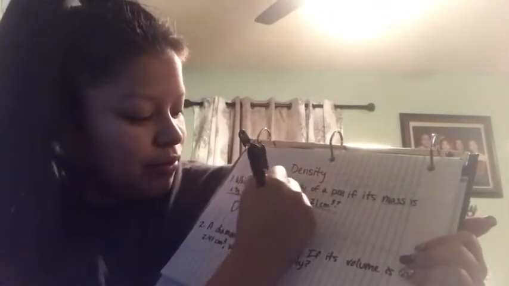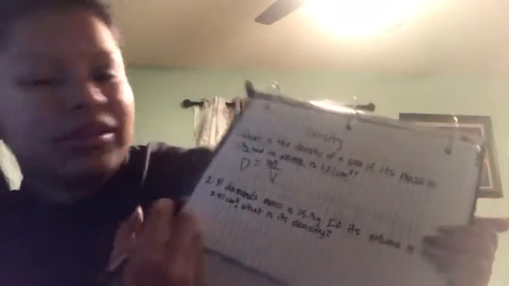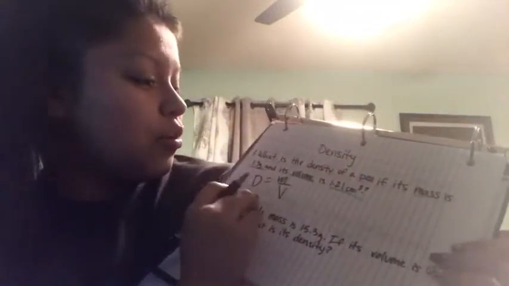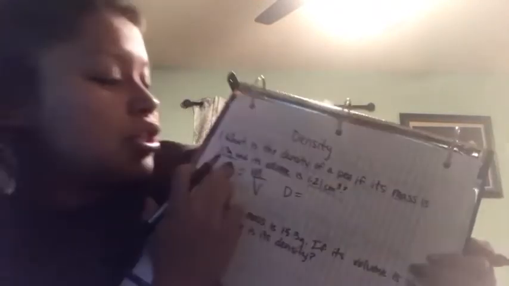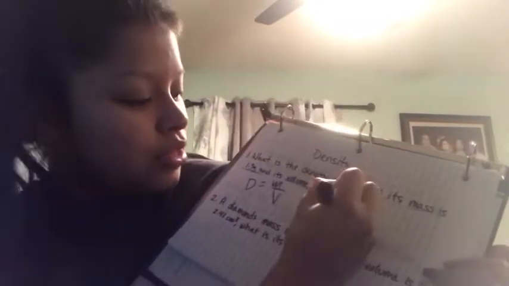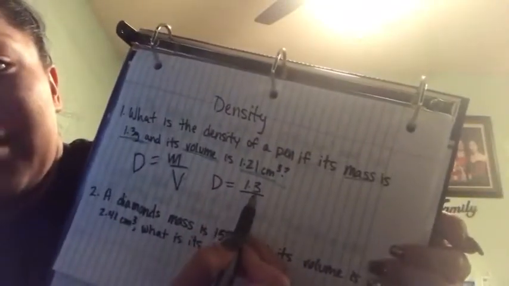So D equals M over V. Then D, which we don't know yet, is equal to M, which is 1.3 grams, over the volume, 1.21.